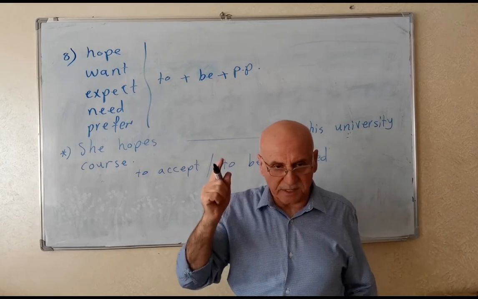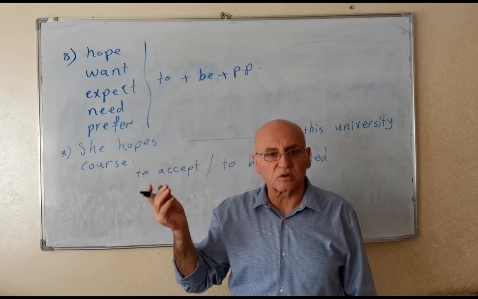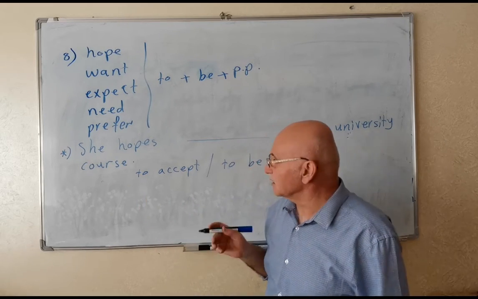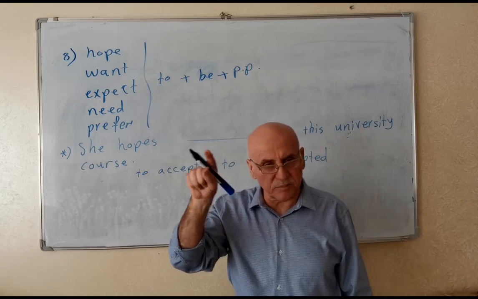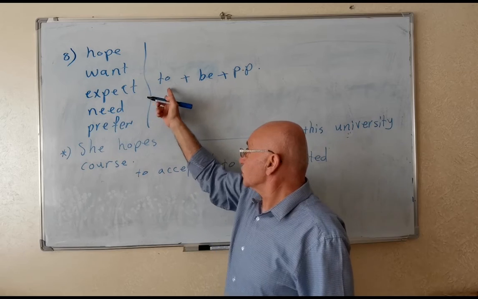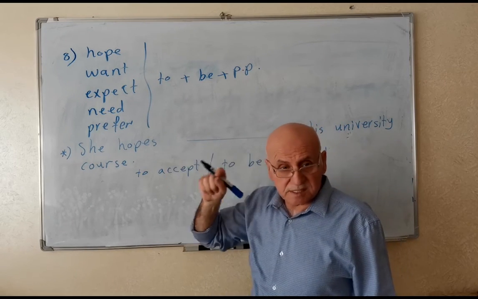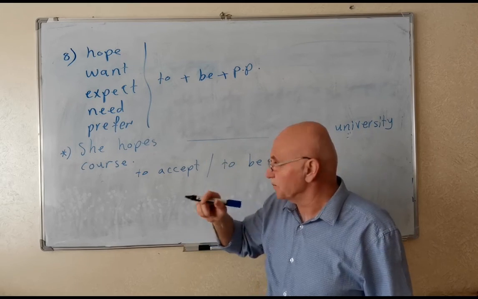As we have said, should, could, and even will, would, shall, can, may, might, must, the modals, are followed by be plus past participle. Now with these verbs we use to be plus the past participle. The difference is the existence of to.